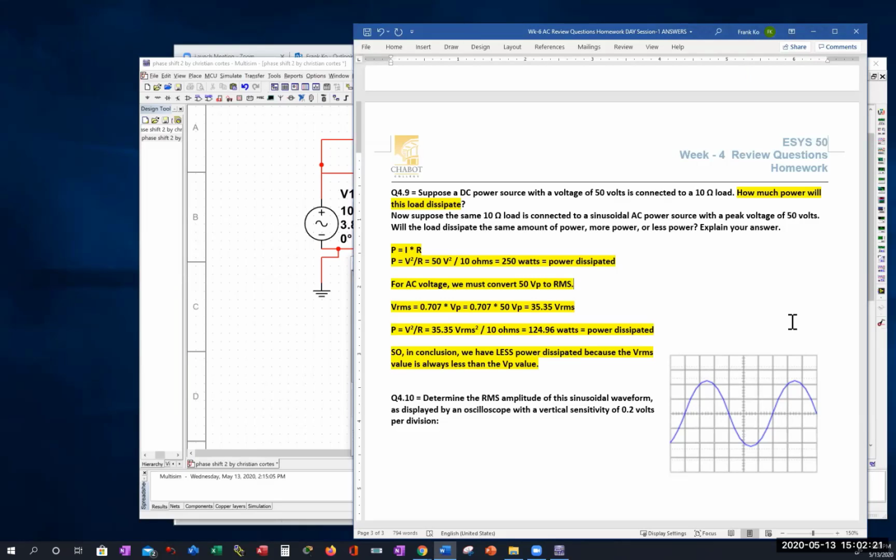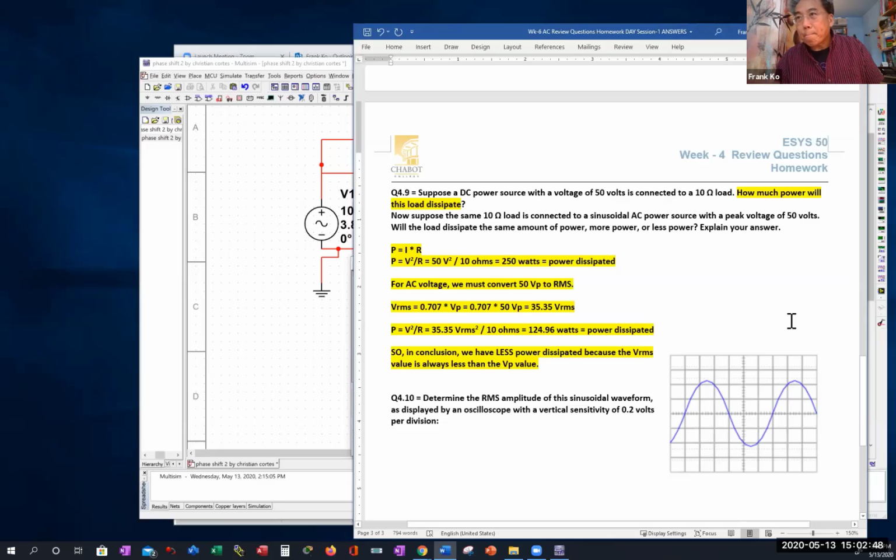Perfect. Because we're not all using the same calculator, you need to understand how to use your own calculator in order to get the result. On some calculators we don't have to hit the equal button; on others you do. You need to know on your calculator: 35.35, square, hit equals, then divide by 10. Good question. I'm glad we clarified that.